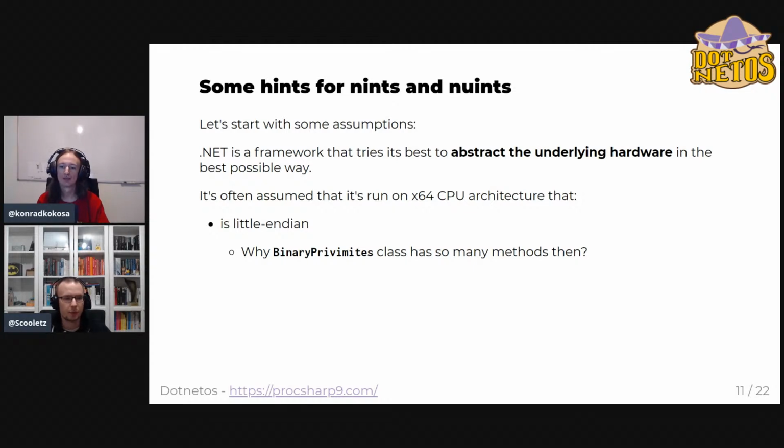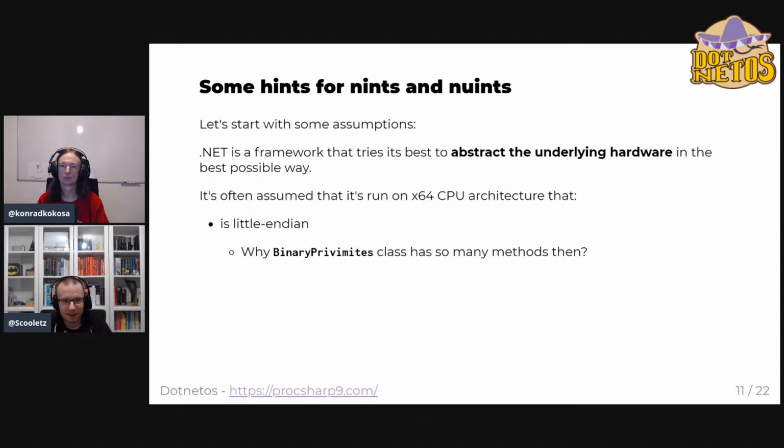So basically binary primitives is a class that provides capabilities for writing primitive types like integers, longs, ulongs, and shorts to a span. And it abstracts away all the different cases, like the little endian case. If you try to write an integer in little endian encoding on a little endian machine, it will just work.